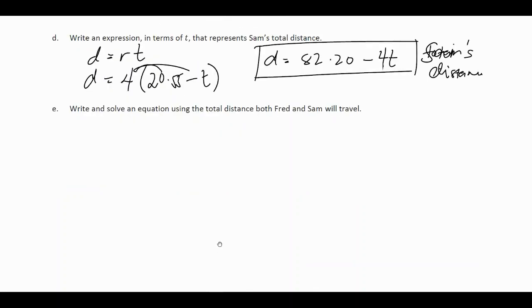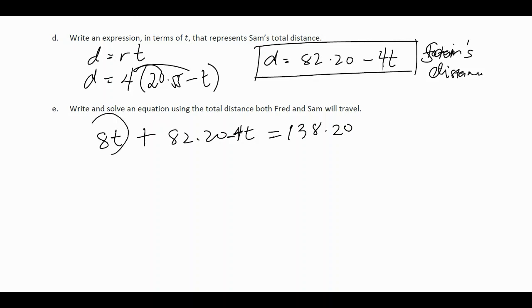Write and solve an equation using the total distance both Fred and Sam will travel. So for the distance of Fred, remember that it was 8t, plus the distance of Sam, which will be 82.20 minus 4t, is equal to the total number of miles of the whole race, 138.20.